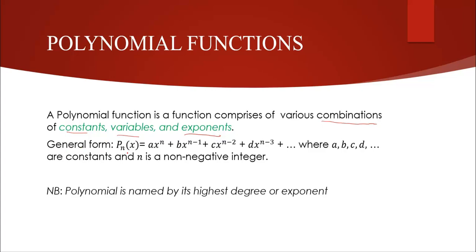The general form of a polynomial function can be given as this, where a, b, c, d, etc. are constants and n is a non-negative integer. N must be a non-negative integer. So the general form of a polynomial function is of this nature.